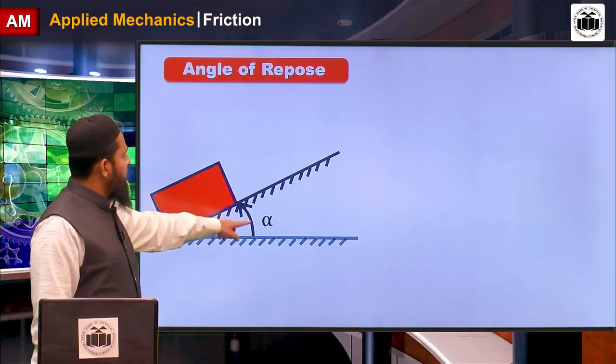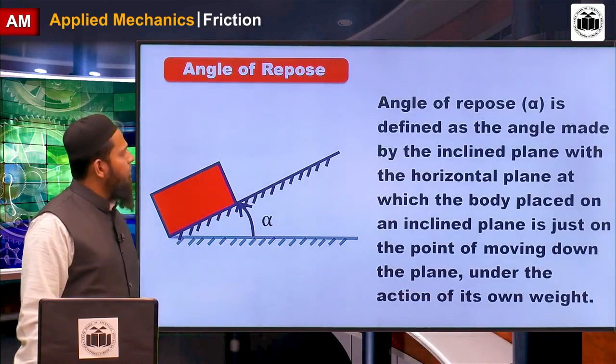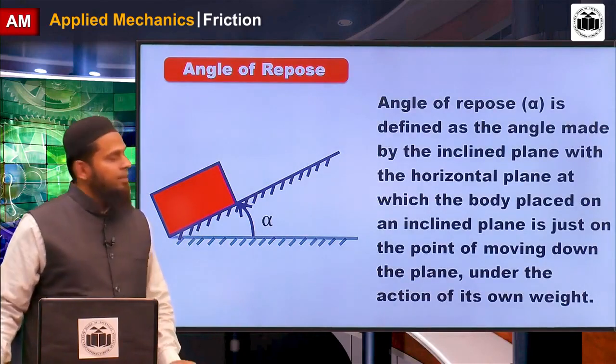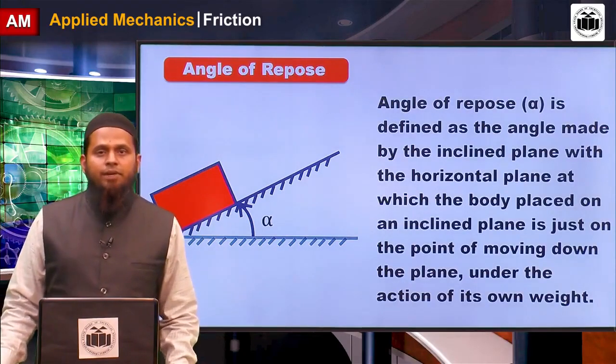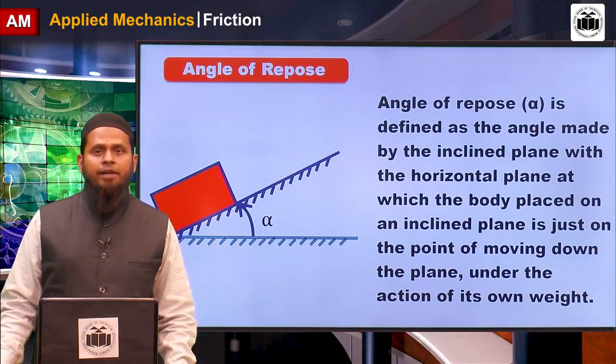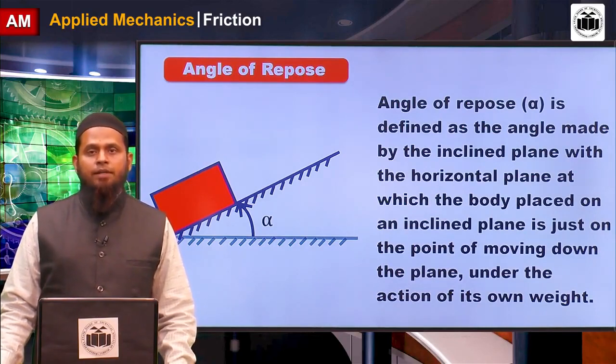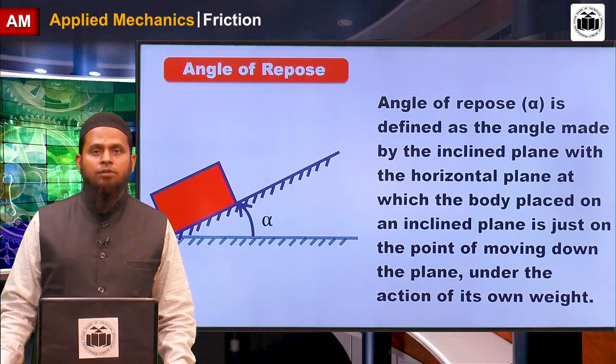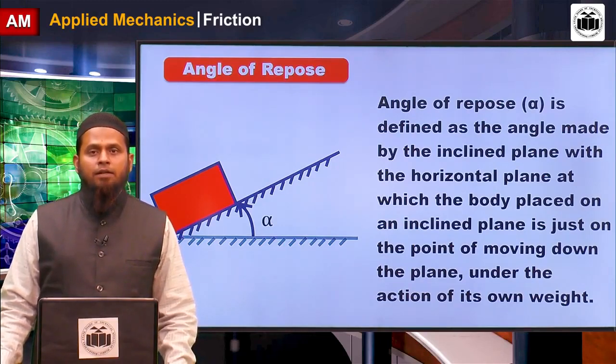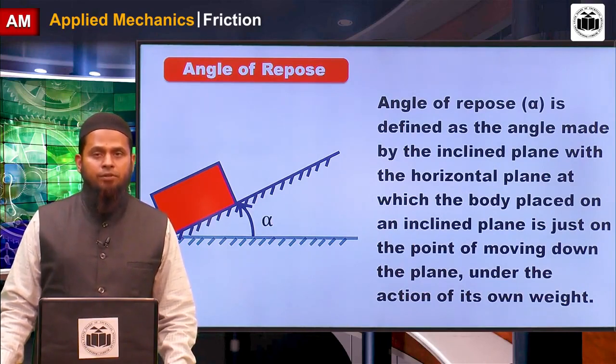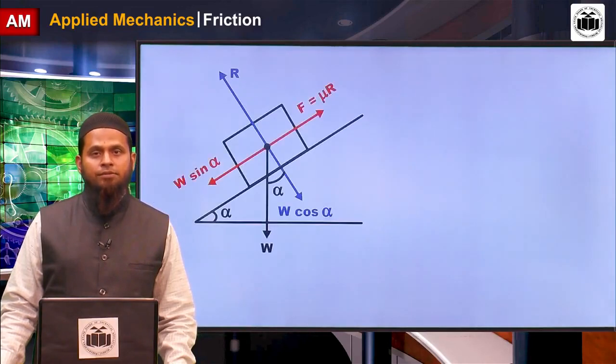This angle alpha is called the angle of repose, defined as the angle made by the inclined plane with the horizontal plane at which the body placed on the inclined plane is just on the point of moving down the plane under the action of its own weight. No external force is applied on that block.